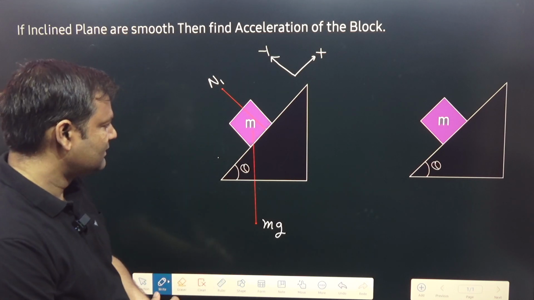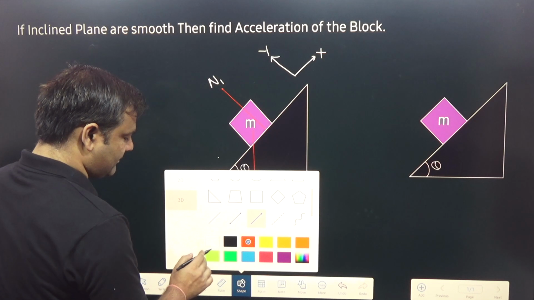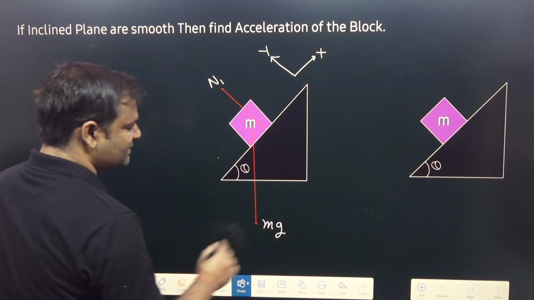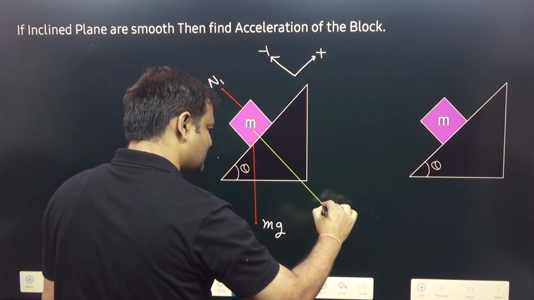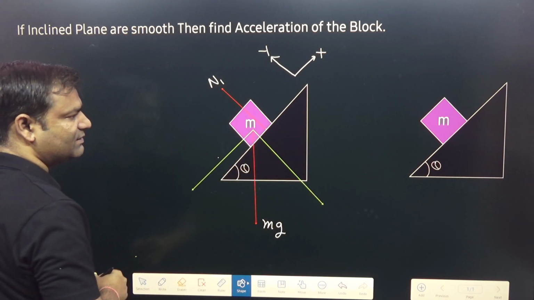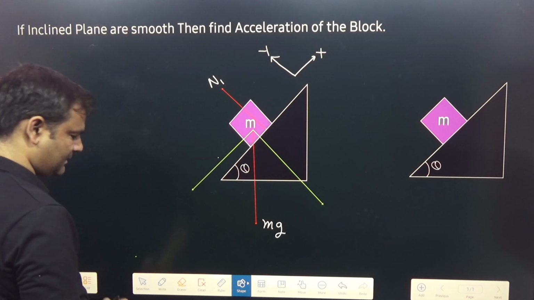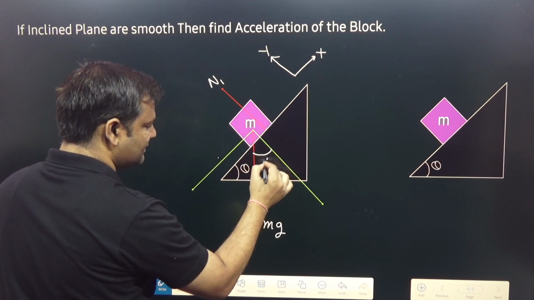After that, first of all, look here: the mg component along this direction is represented here, and the mg component along this direction is represented here. If this one is theta, then that one is also theta.